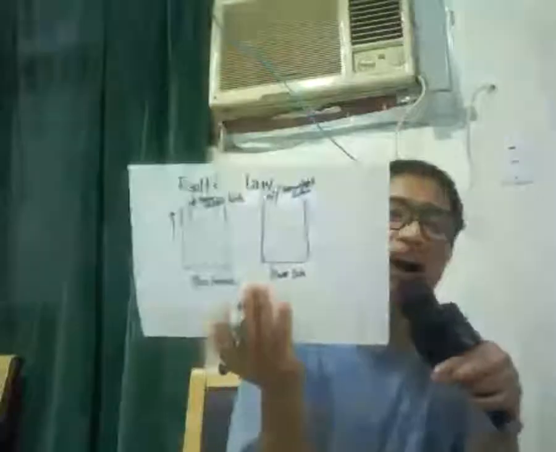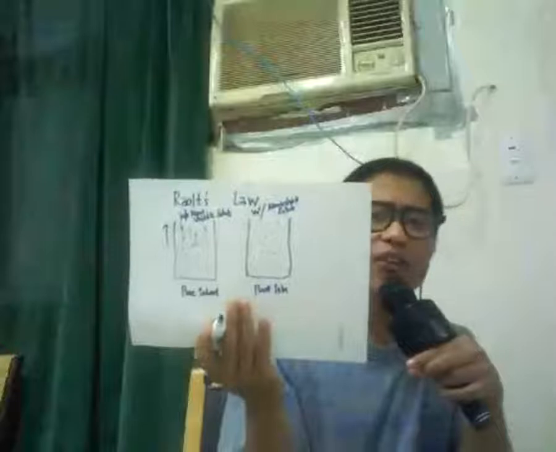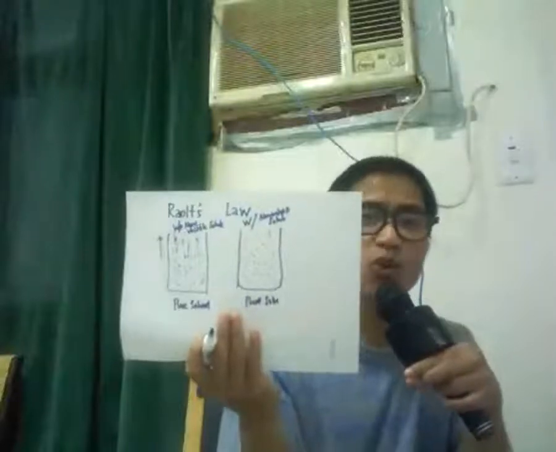So we have here again the water molecules like this, and I also represent the salt. The salt will be a star. This is only a representation, not a real illustration.